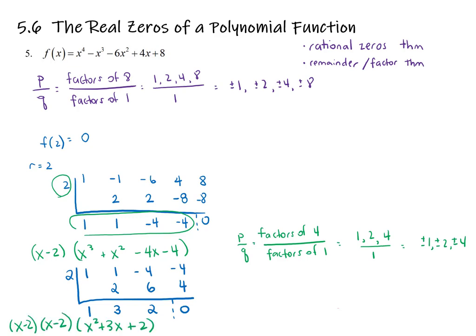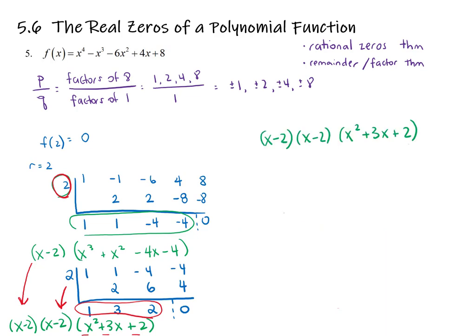I'm running a little bit out of space, but this first x minus 2 comes from the first time we did this, and then the second one comes from the second time we did this, and then each of these coefficients come from doing the long division, and my remainder is 0, so I don't have any more remainder.